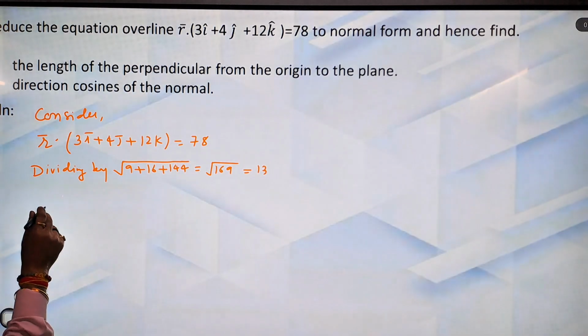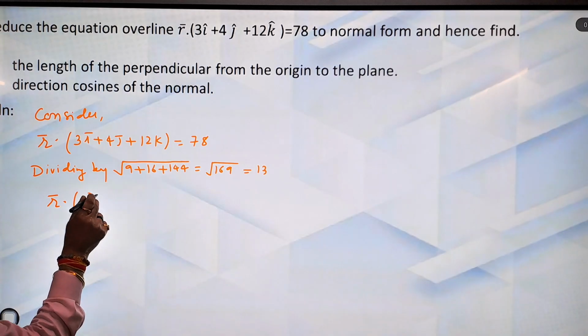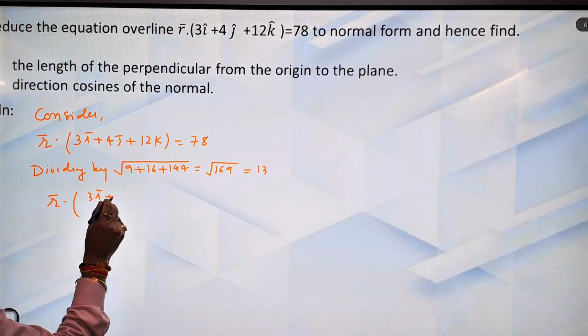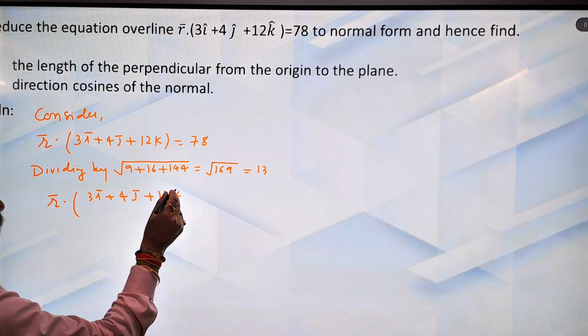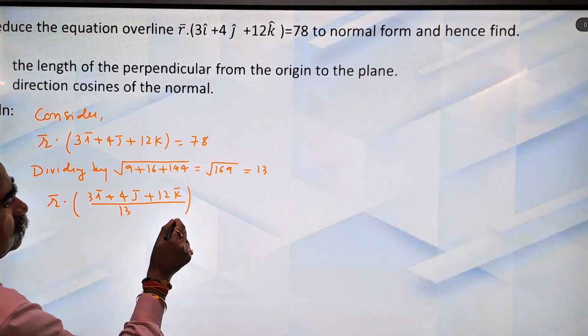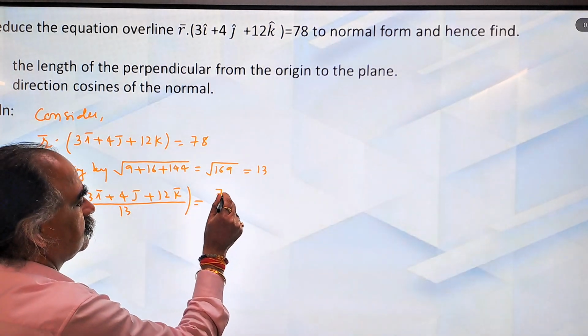which is equal to 13. So r bar dot 3i plus 4j plus 12k upon 13 is equal to 78 upon 13.